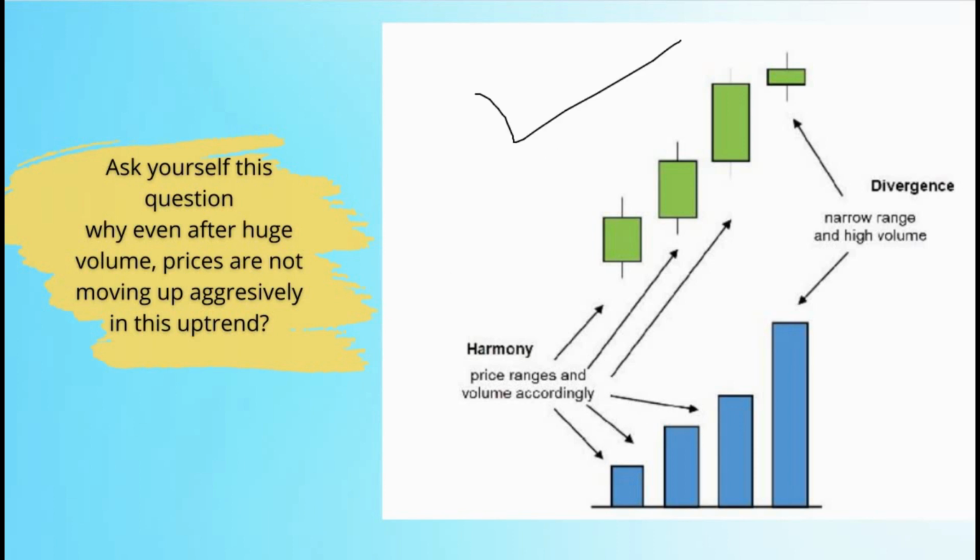You should always ask yourself why the prices are not moving up even after this huge volume. If this was all buying pressure, then prices should have formed a candle like this, a huge candle. But what is happening? The spread is narrow and the volume is huge. It is indicating that sellers are coming into the markets at this price area.